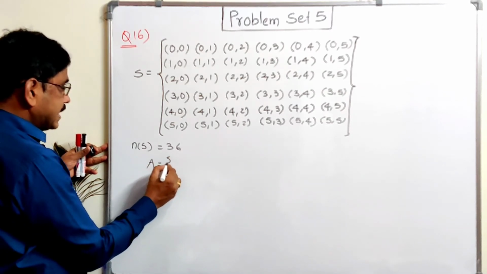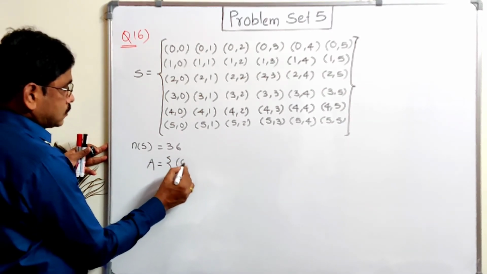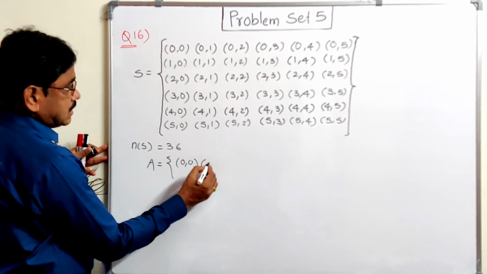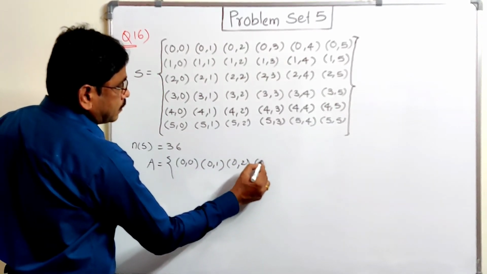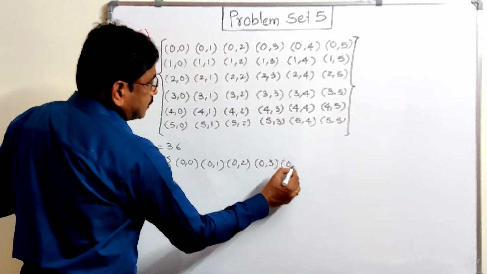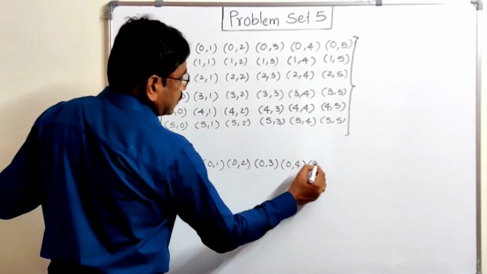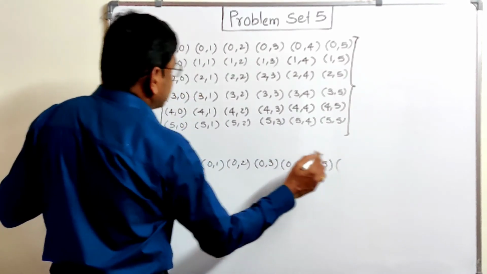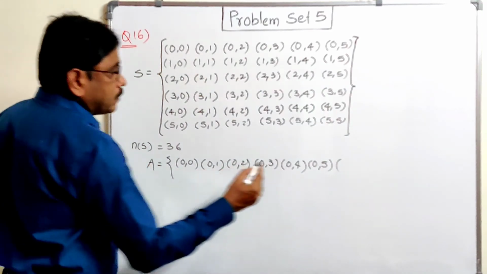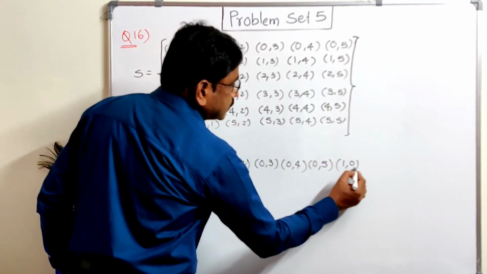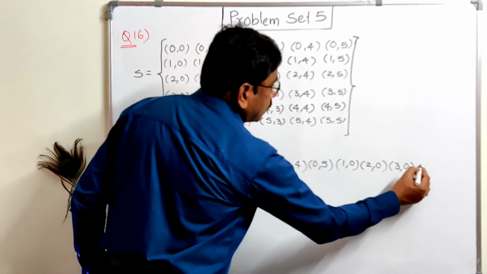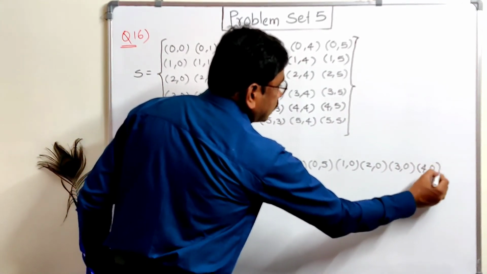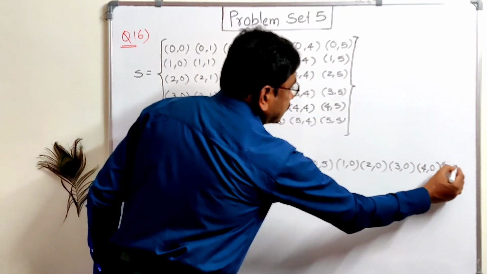Let that set be A. A is equal to 0 0, then 0 1, 0 2, 0 3, 0 4, 0 5. Next one is 1 0, then 2 0, 3 0, 4 0 and 5 0.